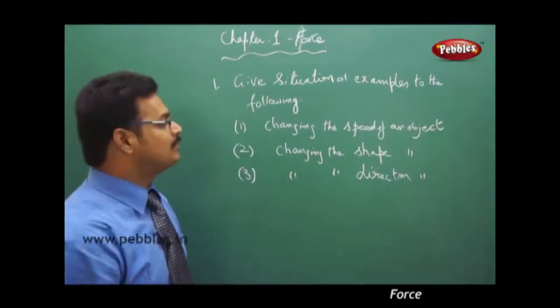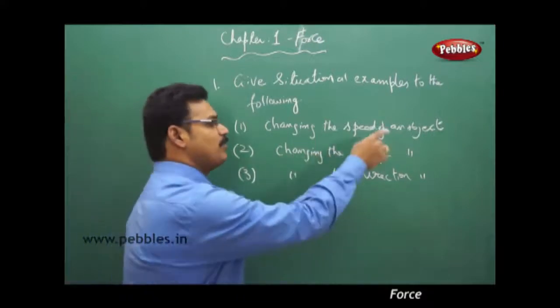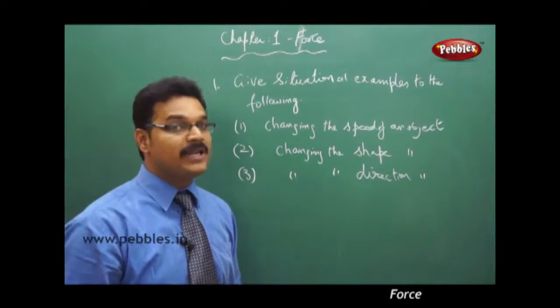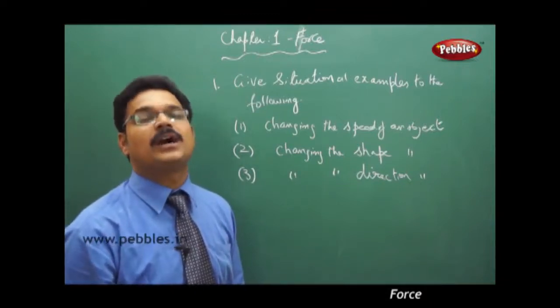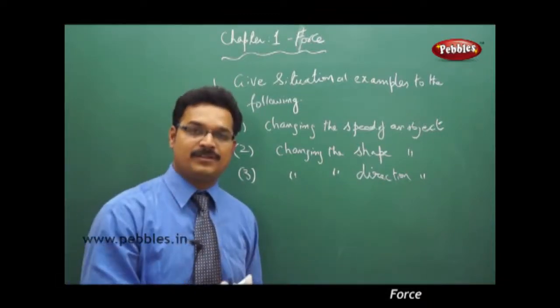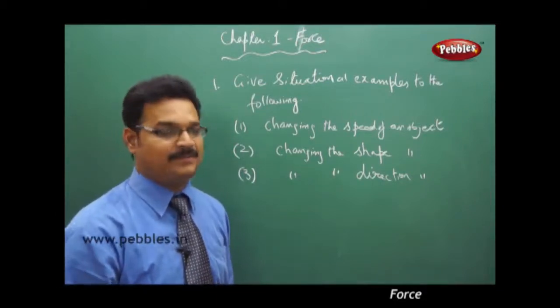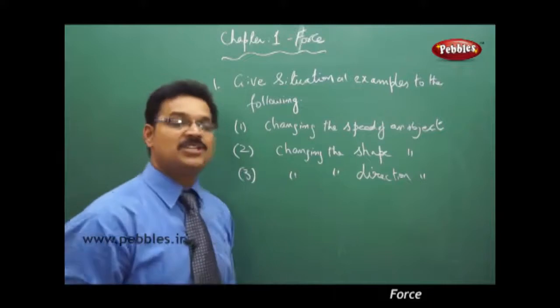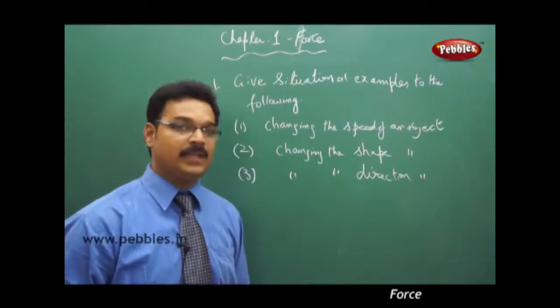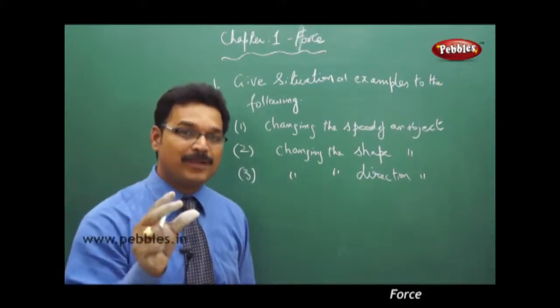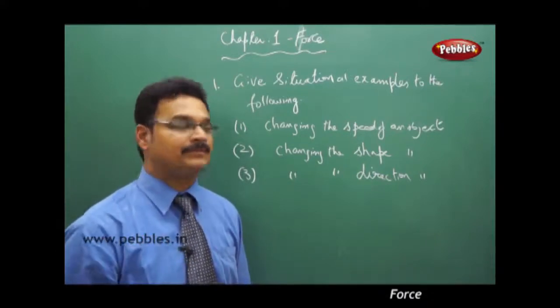It's very simple. Changing the speed of an object. Give an example. The example is air friction on the car. If there is more air friction on the car, automatically the car speed decreases. The second one, change the shape of an object. Anything you can give. I told you earlier, take an inflated balloon and press the balloon, automatically the shape changes.